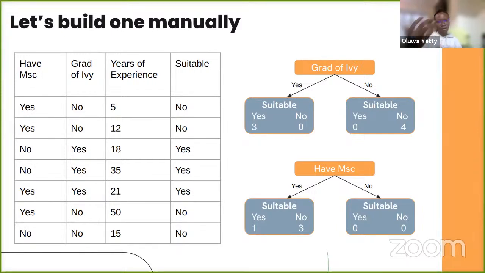So a typical path could be, first of all, check the grad of Ivy, and then the branch doesn't jump to suitability. It jumps to their years of experience, and depending on their years of experience, we then check if they have an MSc, and then from there we walk through the suitability.